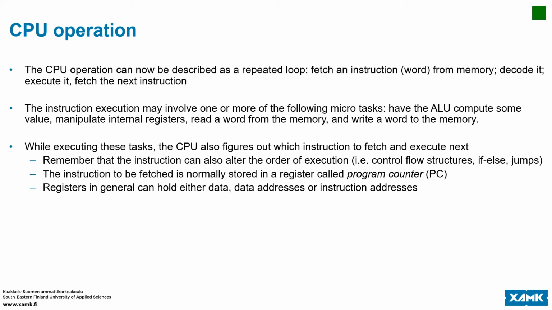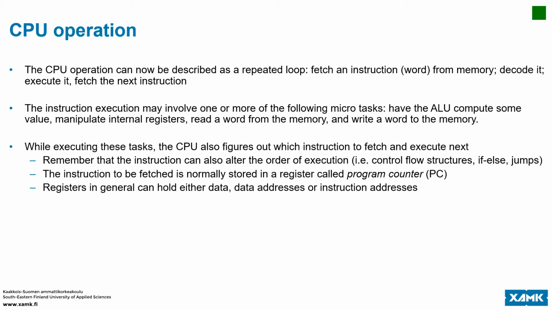So remember that an instruction can also alter the order of execution. If we have a conditional statement somewhere, we need to skip certain instructions in the code, or maybe we are inside a loop, then we need to repeat some instructions. So we may need to jump back and forth in the program code.